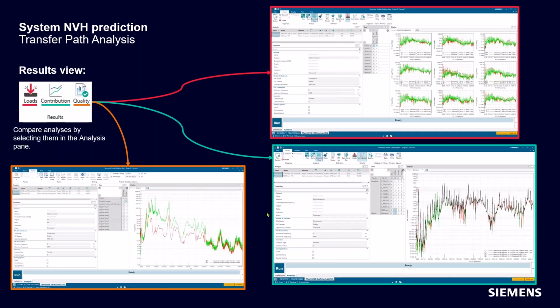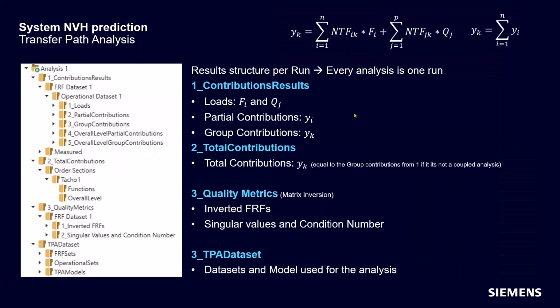So those are the different things I can look at up here. Again, this will break down for you all the different pieces between partial contributions, total contributions, those quality metrics we calculate as part of the TPA calculations, and all of the different pieces that we've used and all these intermediate answers that we get when we do this transfer path analysis.